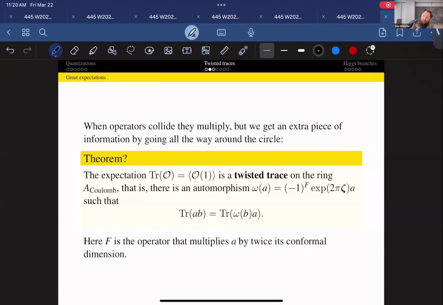So trace you can think of as putting operators on a circle and then doing some evaluation on the whole circle. And it has this cyclic property that I can move things around the back. But I know that I pay some cost when I move things around the back. I'm changing the operator when I do that. So I don't just get a normal trace. I instead get a twisted trace.